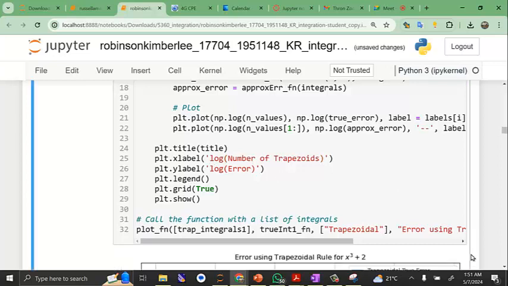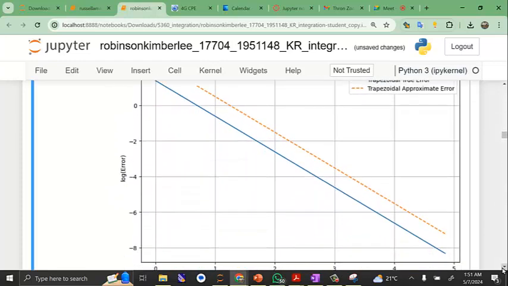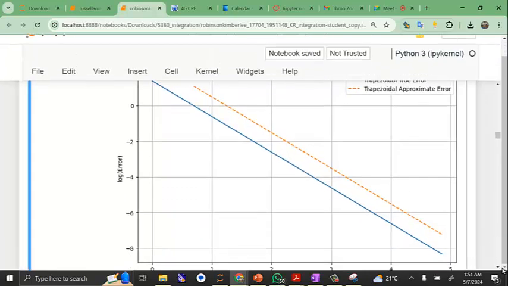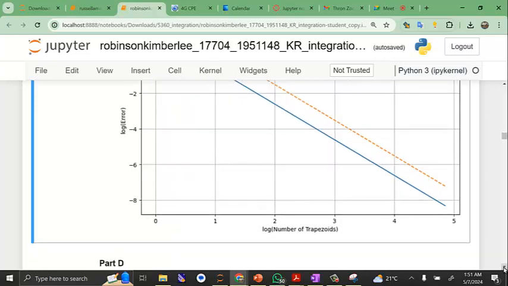All right. So it's clear that it's a straight line. So what is the slope? The question is, what is the slope of this line telling you? Well, you can see that the error is going down as the number of trapezoids goes up.